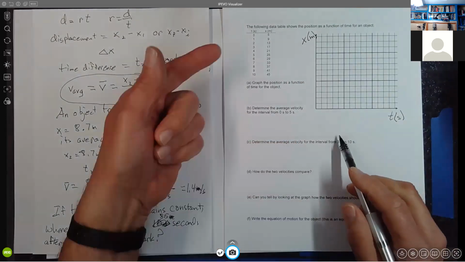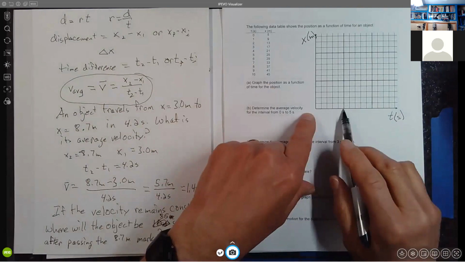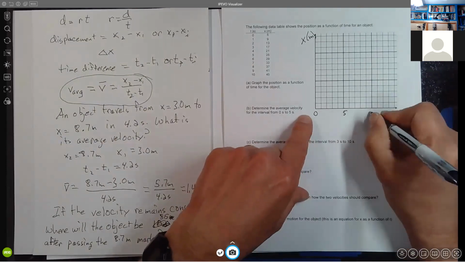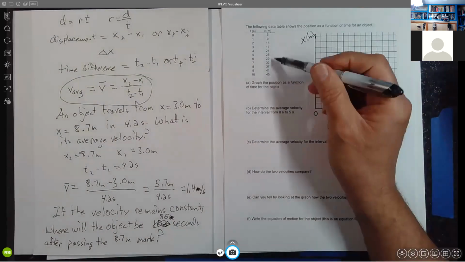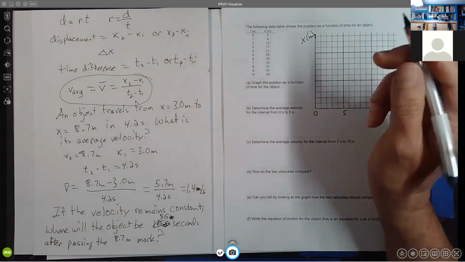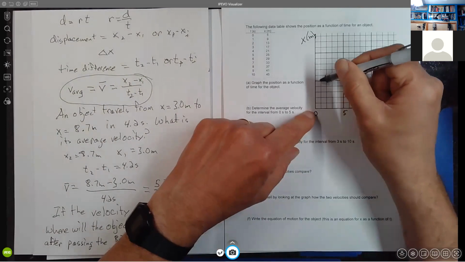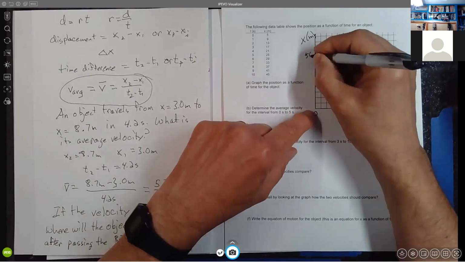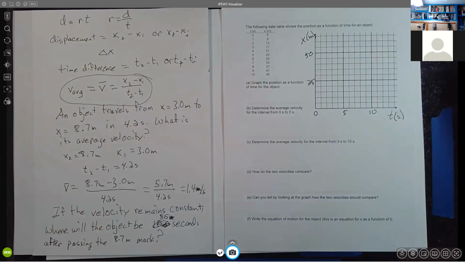Now for the time, it goes from 0 to 10. Well, this is 0, 5, 10. That looks good to me. On the vertical axis, I have to somehow get all the way up to 45. But let's see, what if I had 0, 5, 10, 15, 20, 25, 30, 35, 40, 45, 50. That'll work. Okay, so I just figured out the dimensions for my two axes, and I've got what I need on a graph.